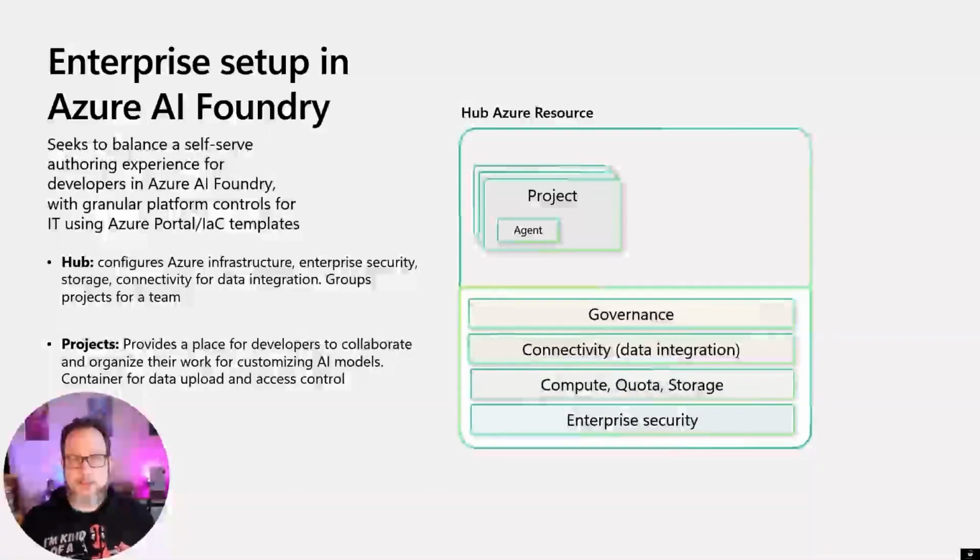Another part I want to talk about is IT governance. So IT governance at scale, what we call here enterprise setup, is baked into AI Foundry. It allows you to provide a comprehensive approach, providing self-service experiences, customizable configurations, and overall enhancing agility, security, but also keeping compliance in mind.